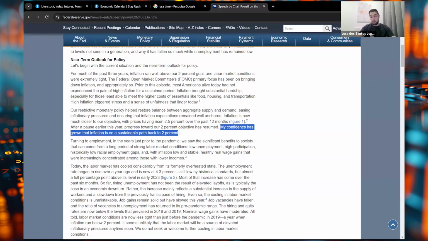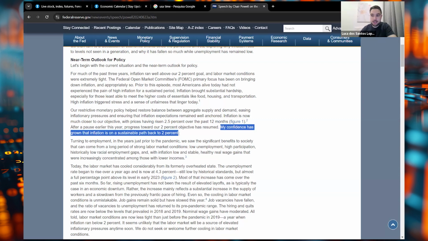And we pause there, because what JP has always been saying is that once the confidence of the board has been moving towards inflation being on a sustainable path to 2%, that would be the time to cut. And what we've just had here is that the confidence has grown that inflation is on a sustainable path back to 2%. So yes, with that, we can already take it that September 18 will be a cut.